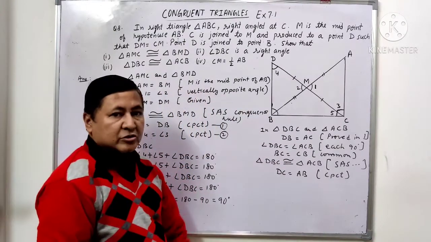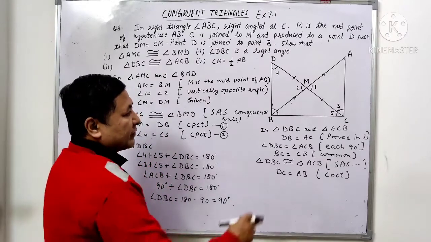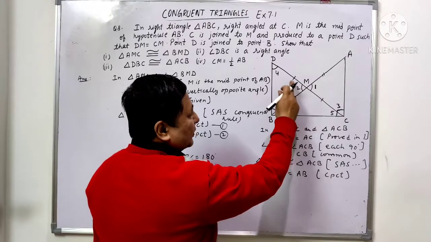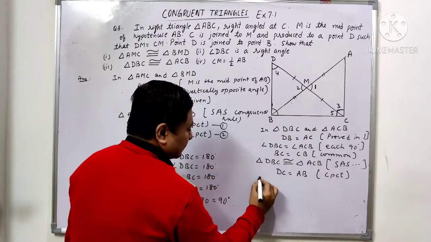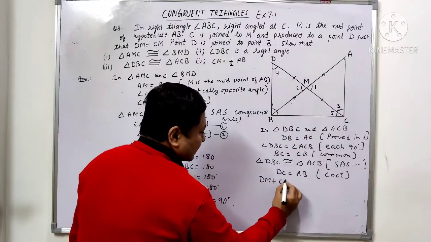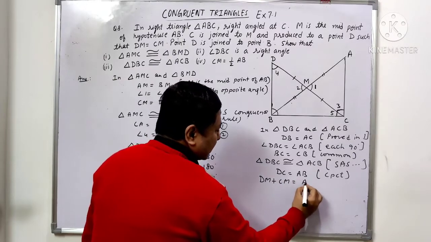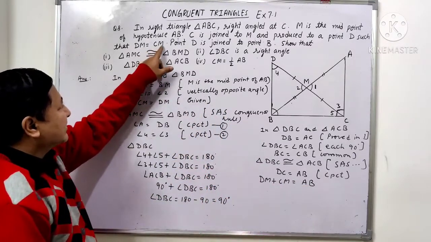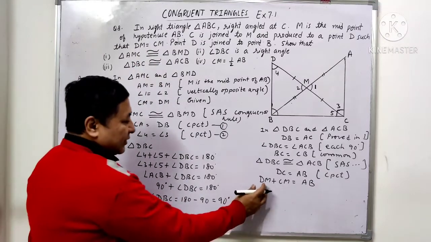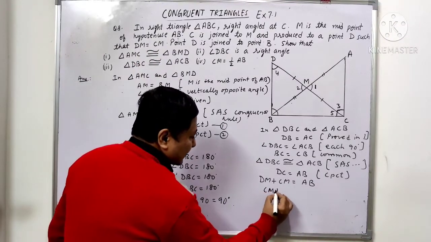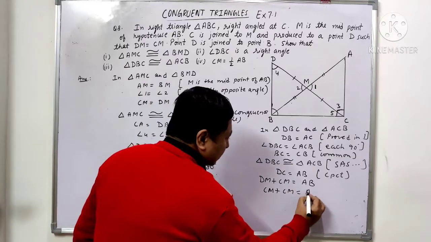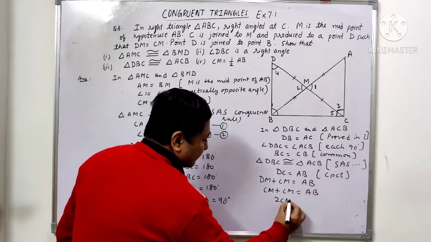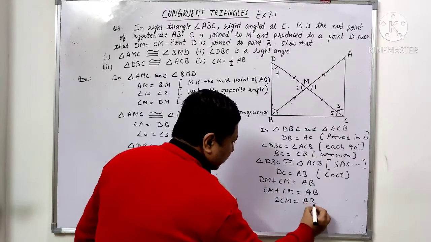So DC is equal to AB, and if you see carefully, we can break DC into two parts, DM plus CM, which is equal to AB. And in the question it is given that DM and CM are equal, so DM can be replaced by CM. So CM plus CM is equal to AB. So CM plus CM will be twice CM, equal to AB.